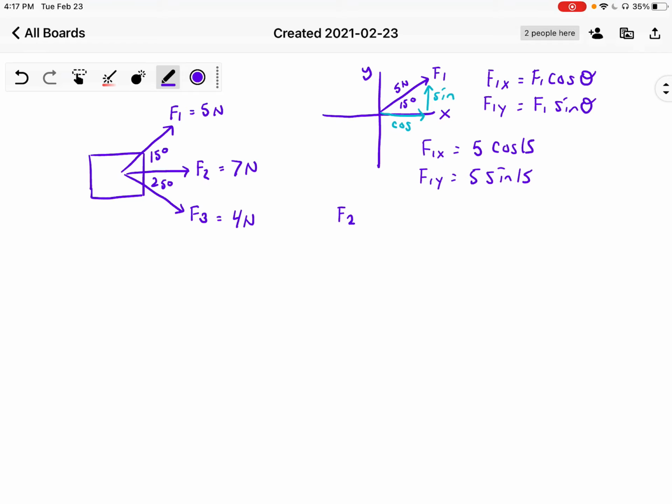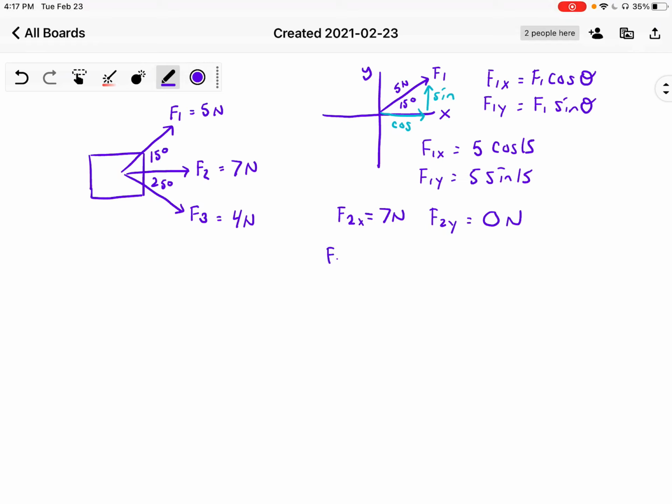We would say that it has no y component, or you could also say that it has an angle of 0 degrees. And then cosine of 0 is 1, and sine of 0 is 0, so it actually works out. But let's just say that F2x is 7 newtons, and F2y is 0 newtons, because we can see that just by looking at the picture.